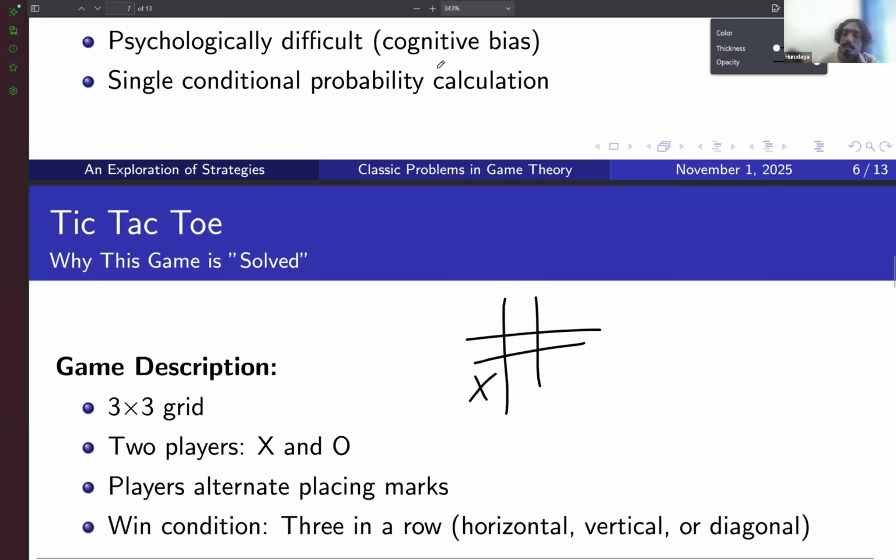Okay. I will put a note here. Now I put an X in the bottom right corner. Okay, 1 second. I haven't thought about this for a while.